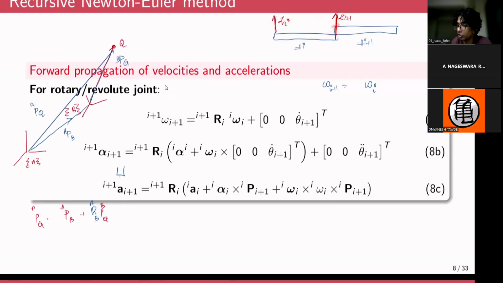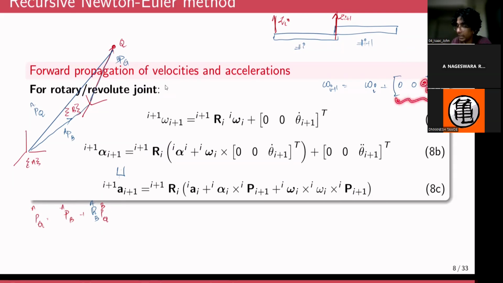If this is a rotary joint, it can have its own rotation. It will have its own rotary degree of freedom. So we can express that using a vector, maybe I'll write it as 0, 0, theta I plus 1 dot, right?